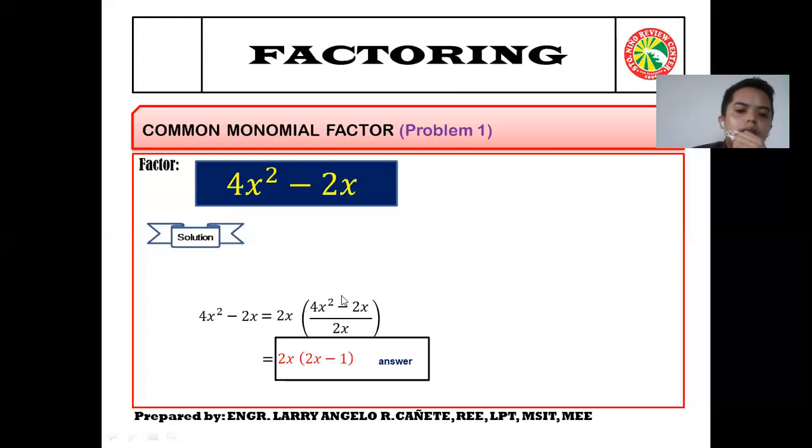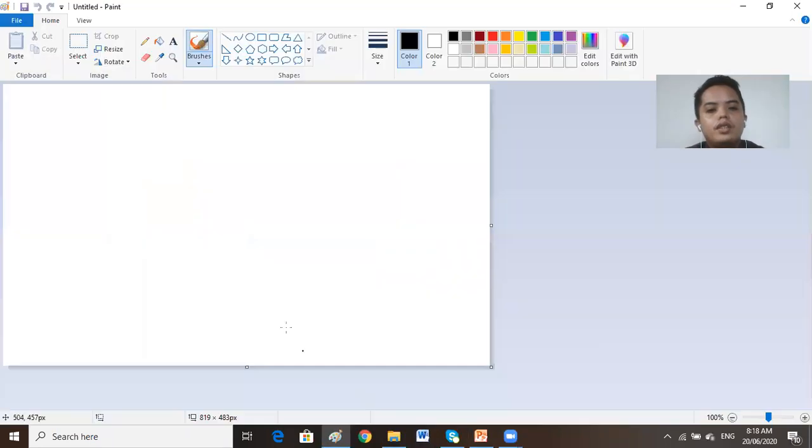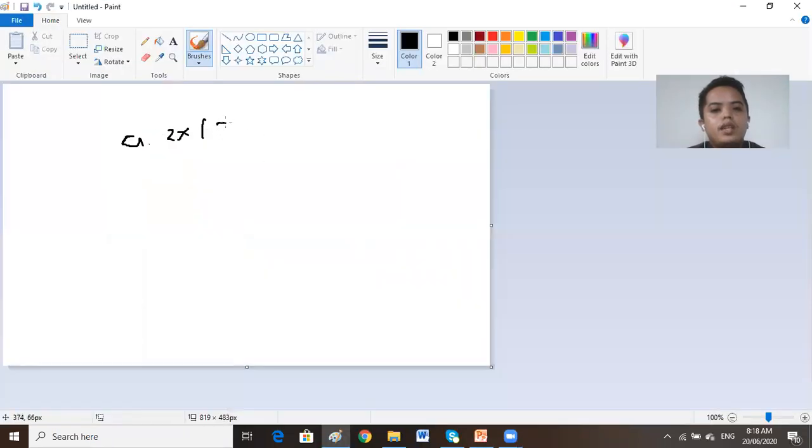Once you come up with 4x squared minus 2x, then that is your answer. For example, choice A in the board exam is 2x times 2x minus 1.